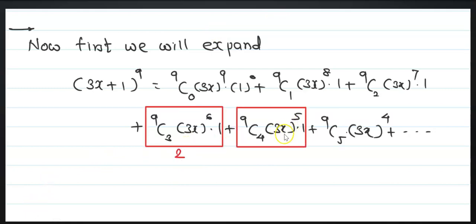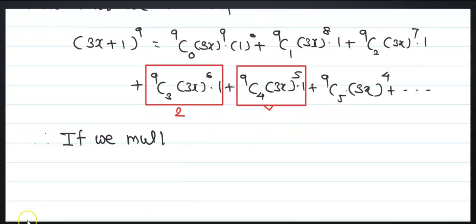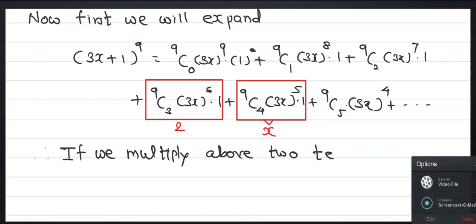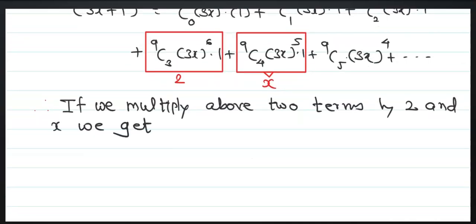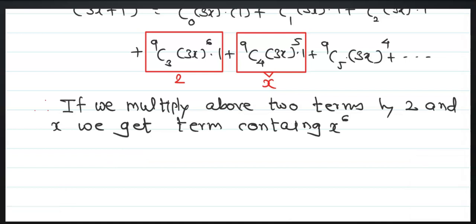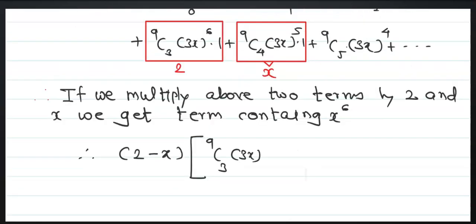If you multiply here by x, then you will get x raised to 6. Therefore, these two terms. Now, if we multiply these two above terms, then you will get the coefficient of x raised to 6 by 2 and x respectively. That is, we multiplied here by 2 and here by x. Therefore, we get the term containing x raised to 6. Therefore, we take only those two terms.